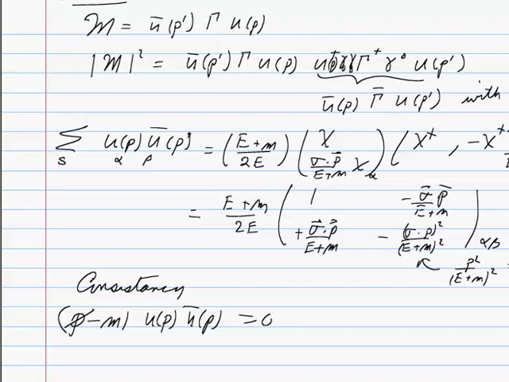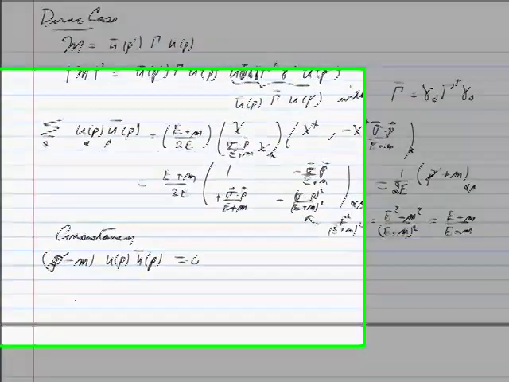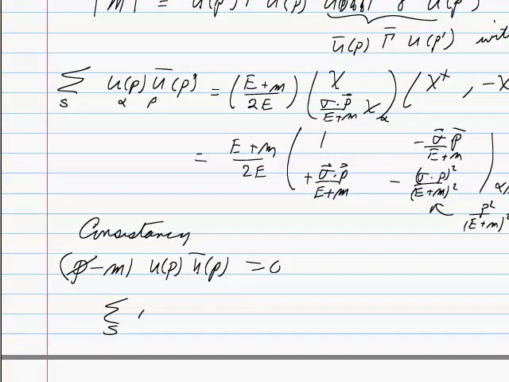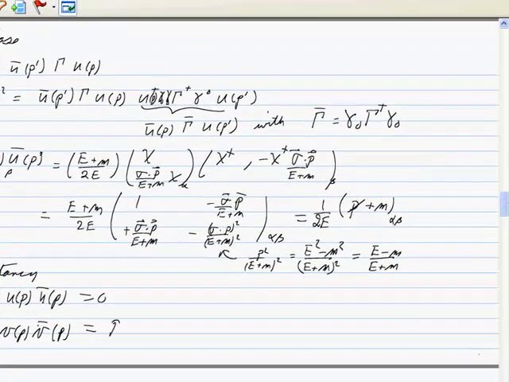Okay. So that works. Okay, so there's our projection. And similarly, which I won't work out, sum over spins of v of p, v bar of p is p slash minus m over 2e.